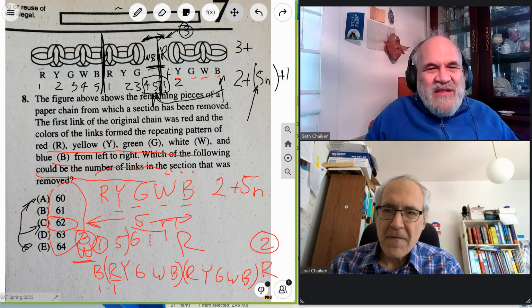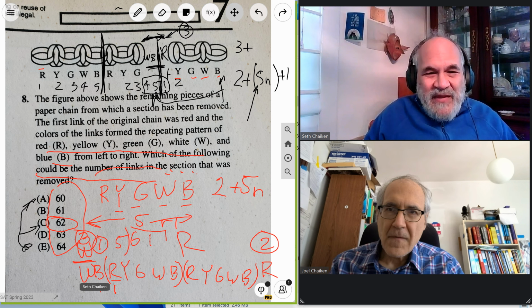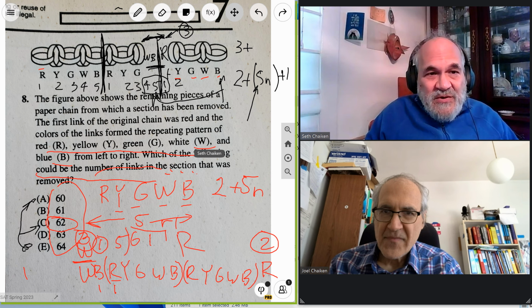So I should have said in the gap, we must start with a W, and the W is not a Y. So my finger counting gives one. After the W, there must be a B. So I draw the B, and the B is not a Y either. So my finger counting gives me two.